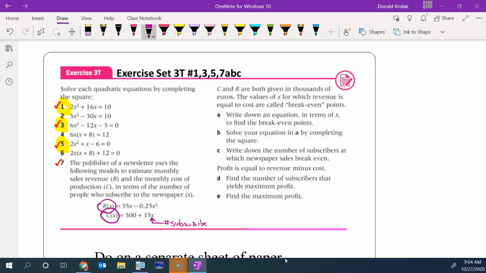All right, so it says write down an equation to find the break-even point. So you're basically just setting these two equations equal to each other.